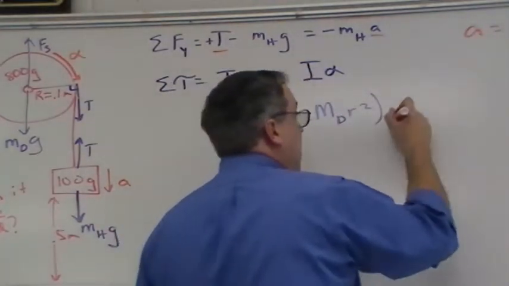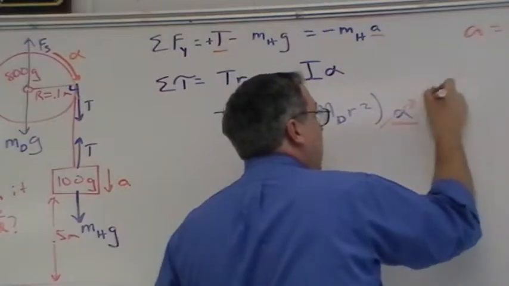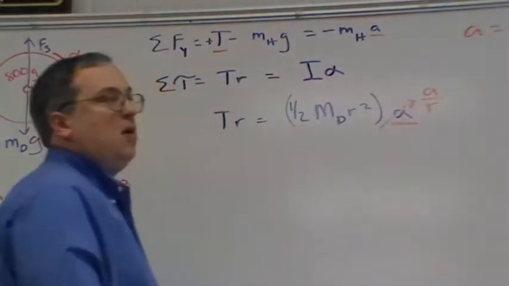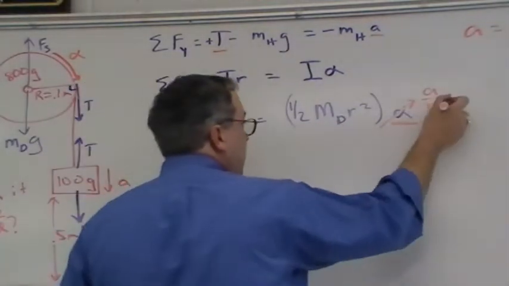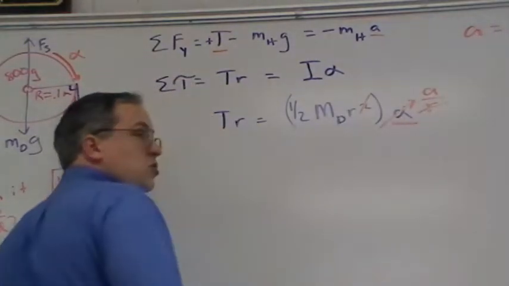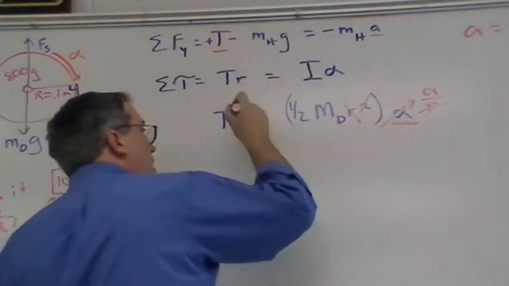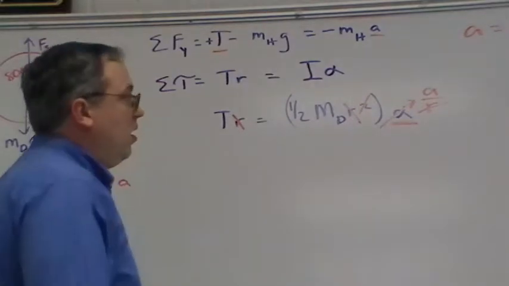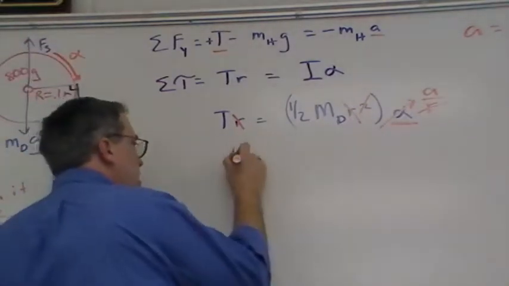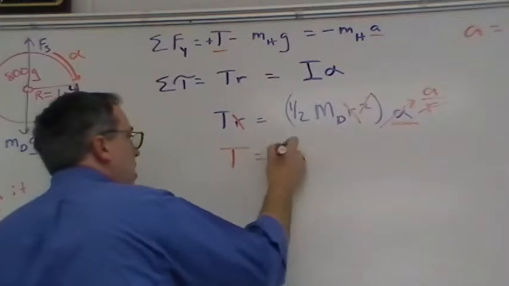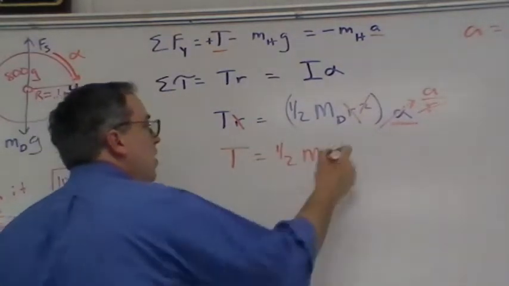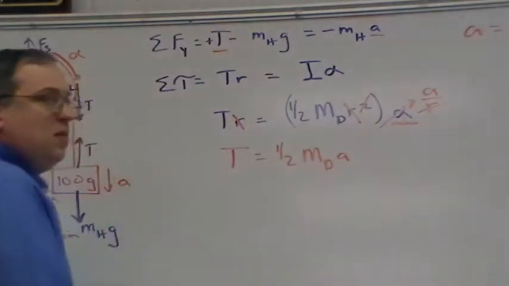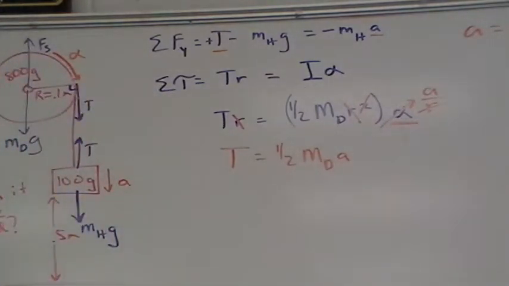And I can replace alpha with A over R. And when I make that replacement, this R cancels the square, that R cancels that R, and when everything is said and done, we get the tension equals 1/2 the mass of the disk times the acceleration A. Okay?